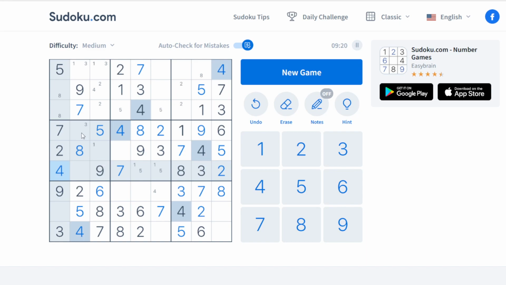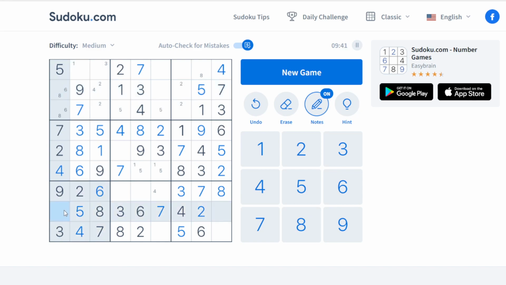And I already see some pencil marks from before giving us the answers. That's the 1. From here, it's looking pretty easy. It's going to be 1, 2, 3, 4, 5. That's a 6. From that, we know the 6 is over here.